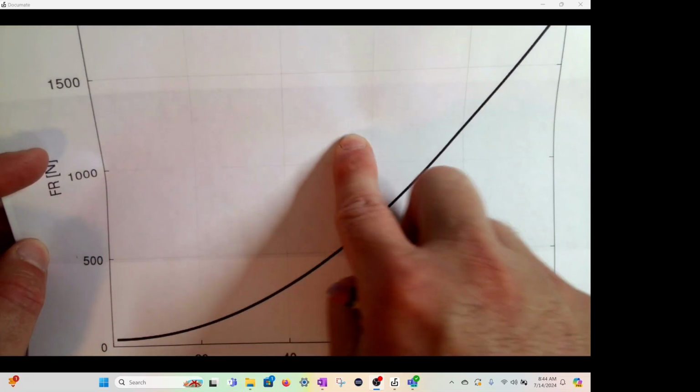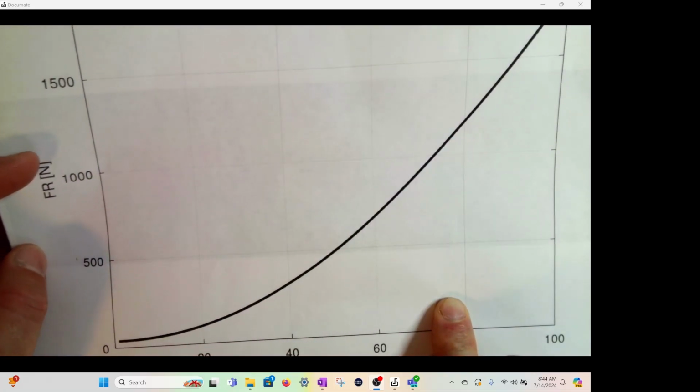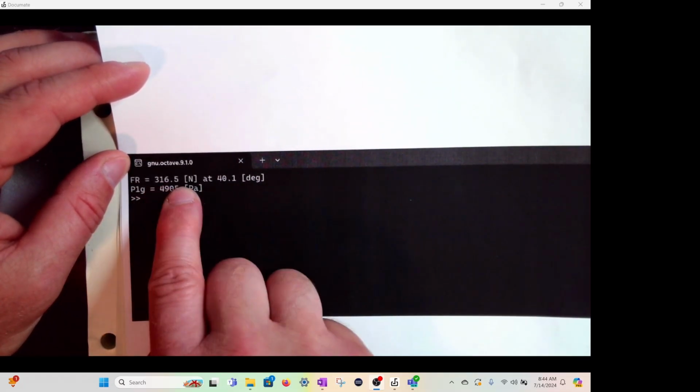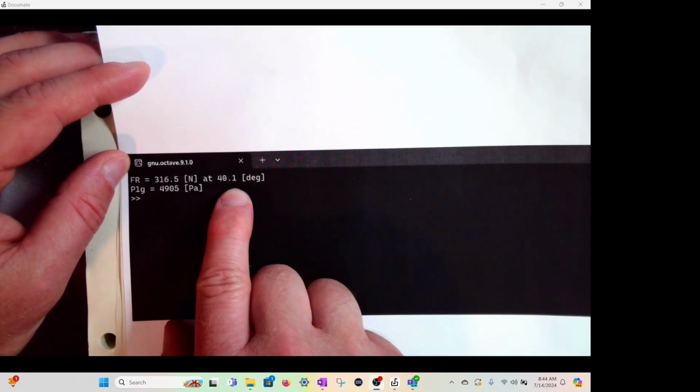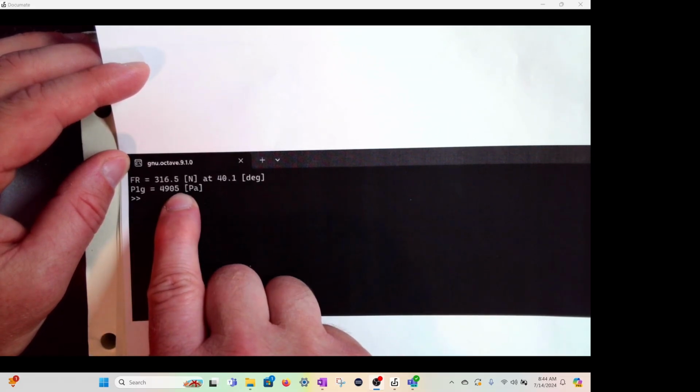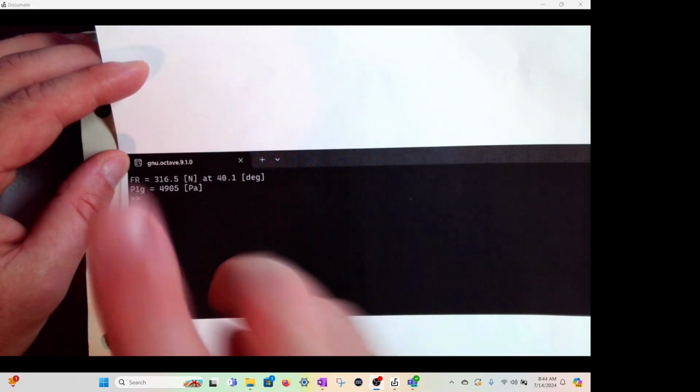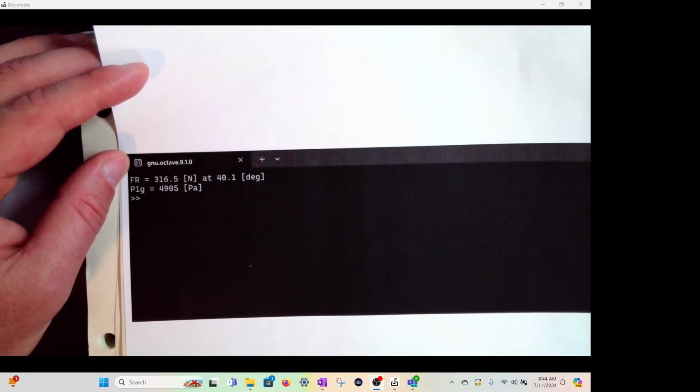I have my grid on. Okay, and then this is, again, my name, page number, and this is the command window that I spit out the answers to. FR at the angle and your gauge pressure. Okay, and again, I'm using Octave for this coding. It's free, and I have a whole tutorial series on that if you're interested.